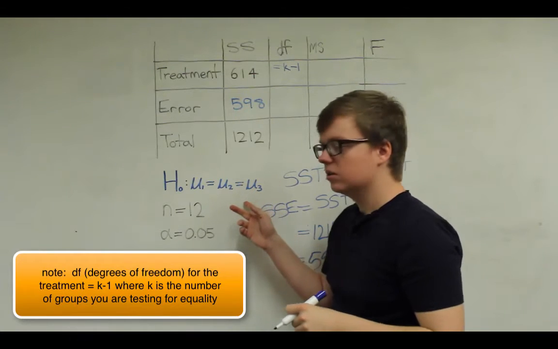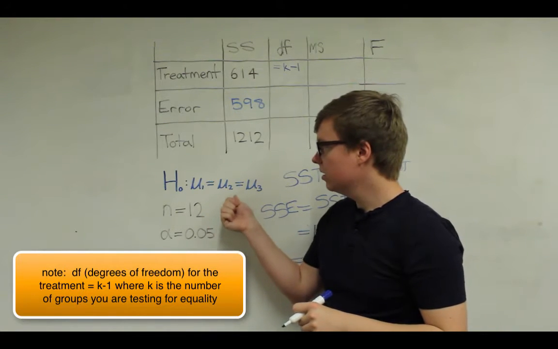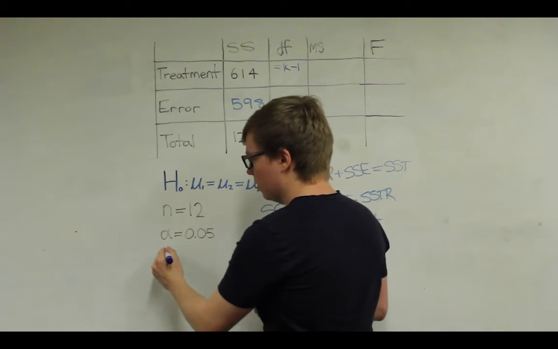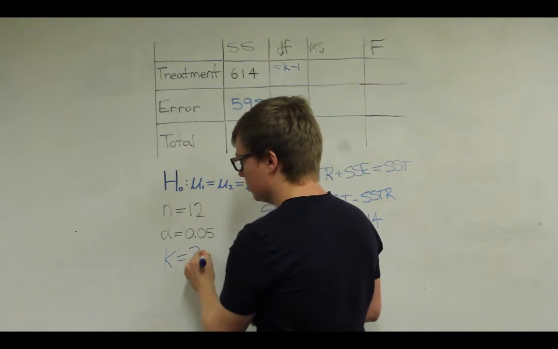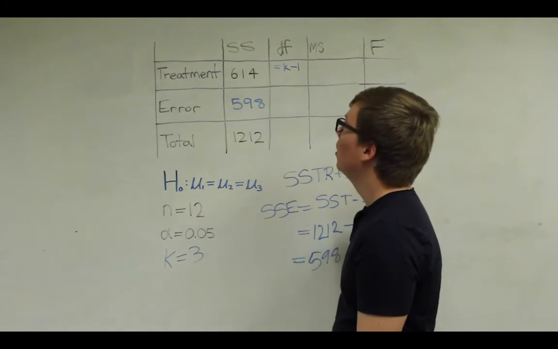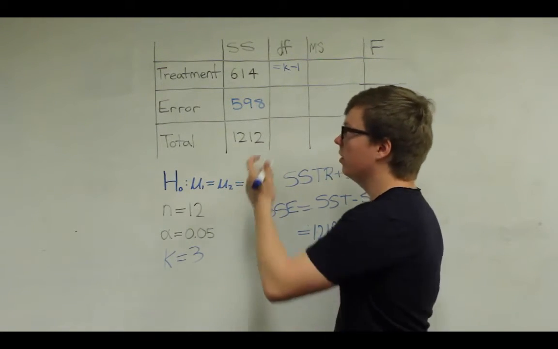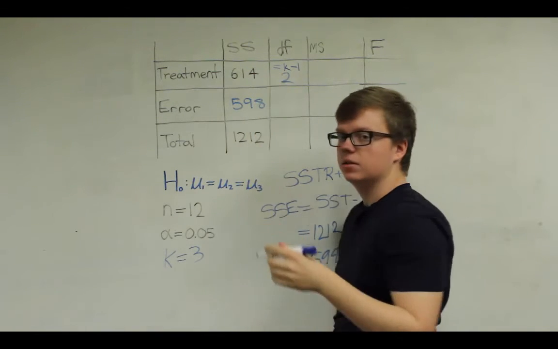If you look at this null hypothesis, we're testing that 3 different population means are equal, so k equals 3 in this case. So the degrees of freedom due to treatment, k minus 1, is 2 in this example.